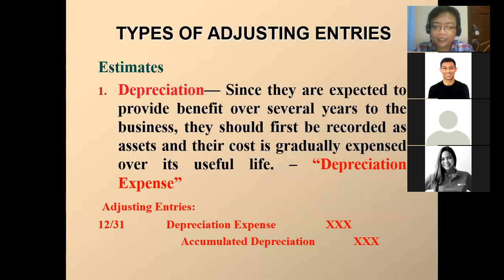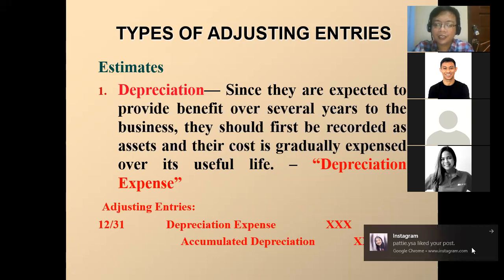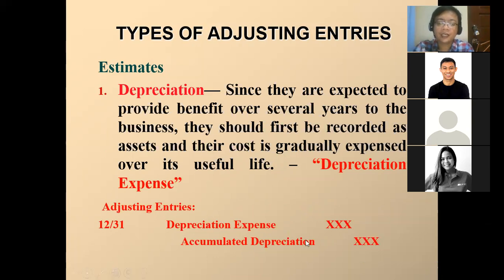It is your contra asset account. Sir, what do you mean by contra asset account? It is to be deducted from your property, plant, and equipment. Later, I will show you where to put the accumulated depreciation.